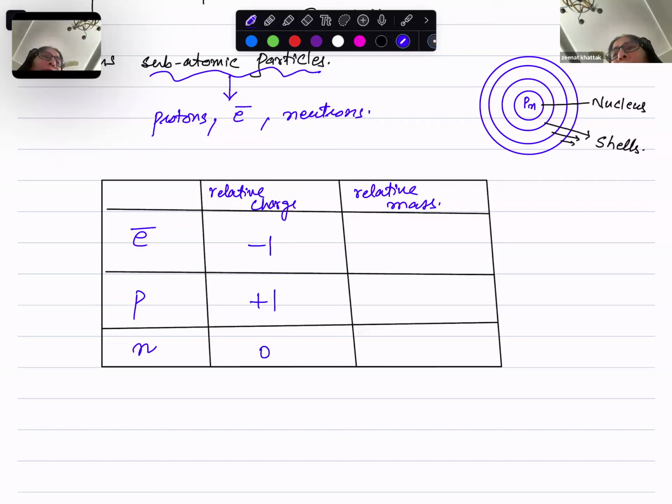Every atom, as you have done in your O levels, has these two numbers to describe the electron, proton, and neutron. This is your element.